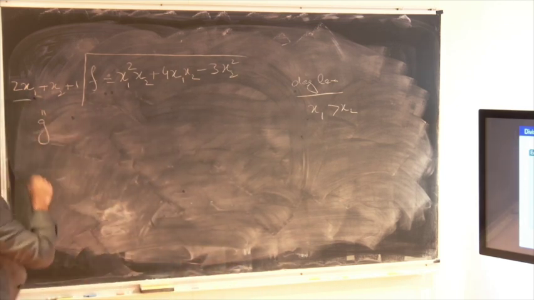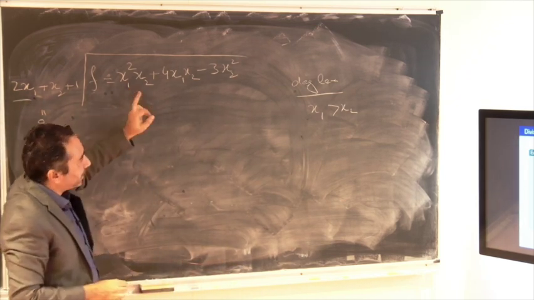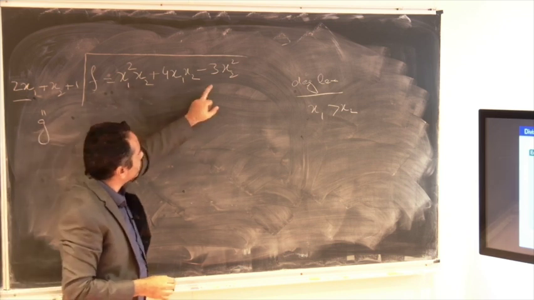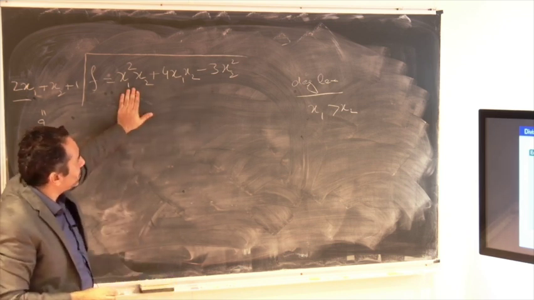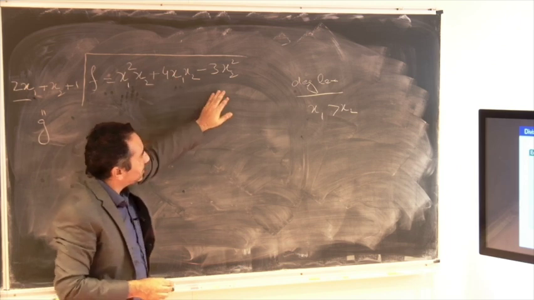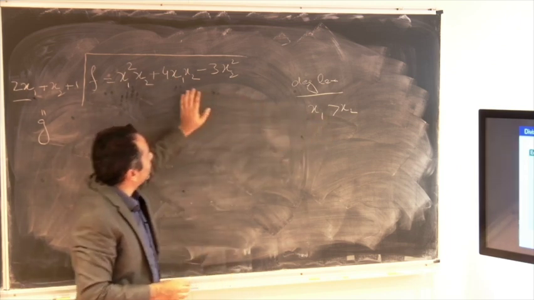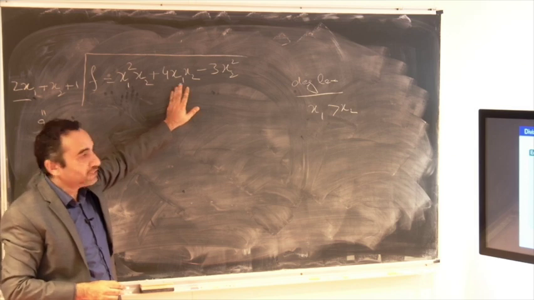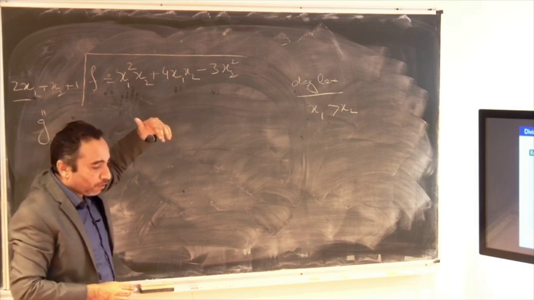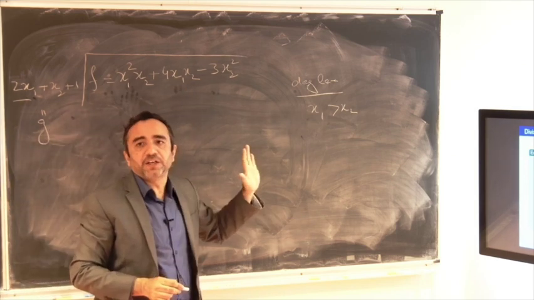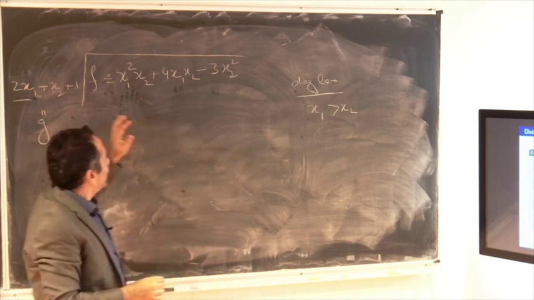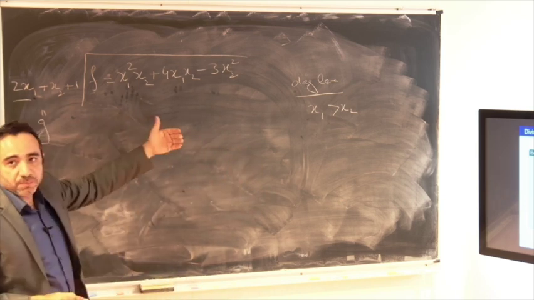The degree of the first term is 3, the others are 2 and 2, so that should be in the first position. Between these two, since x1 is greater than x2, this is already in order. So we always first write our polynomial in descending order. This is the first requirement.